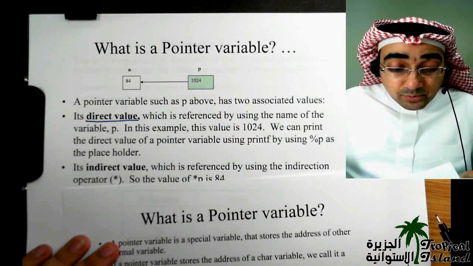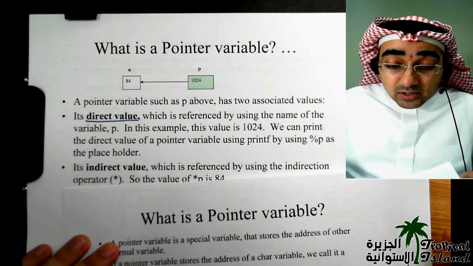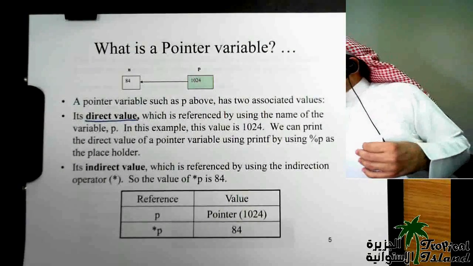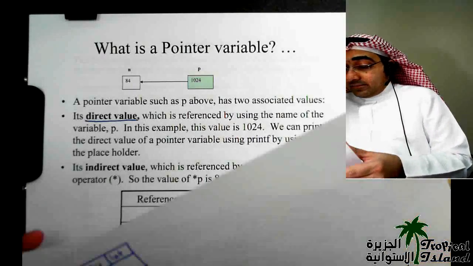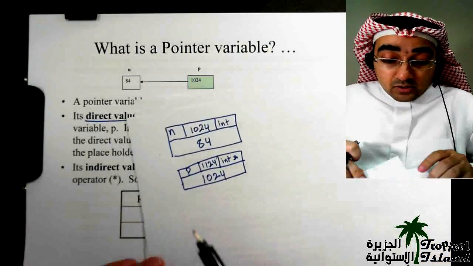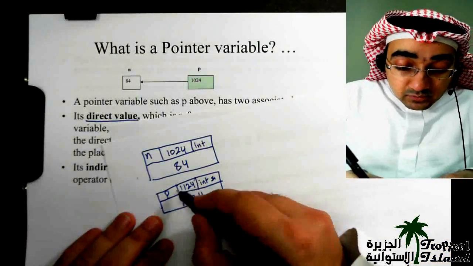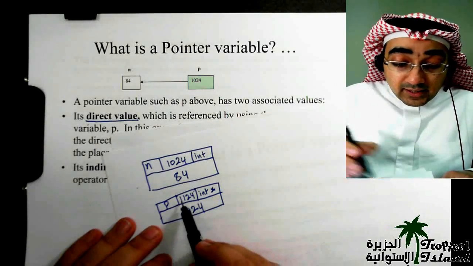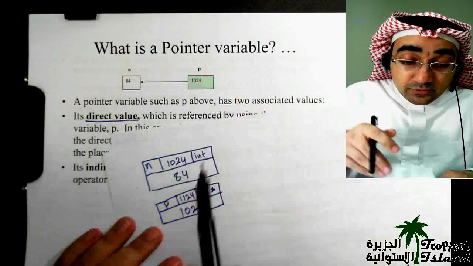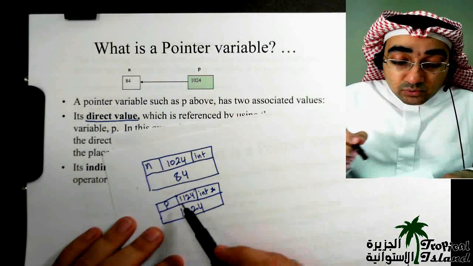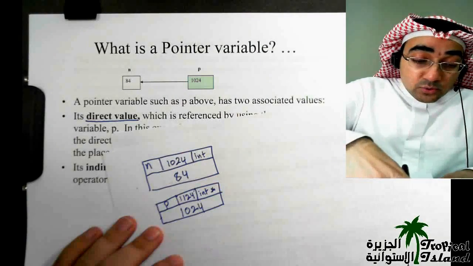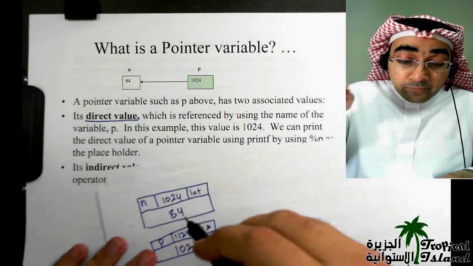We can print the direct value of a pointer variable using printf. So in this example, what is the direct value of p? It's 1124. In the example in the book, it's 1024. I chose 1124 because I stored my n in 1024.